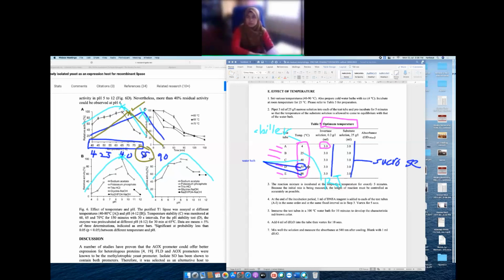For example here, you need to add invertase and substrate in your mixture, and then instead of 55 degrees, you incubated at 4, 25, 40, 55, or 90. But the result shows that the highest activity was achieved at 40 degrees.